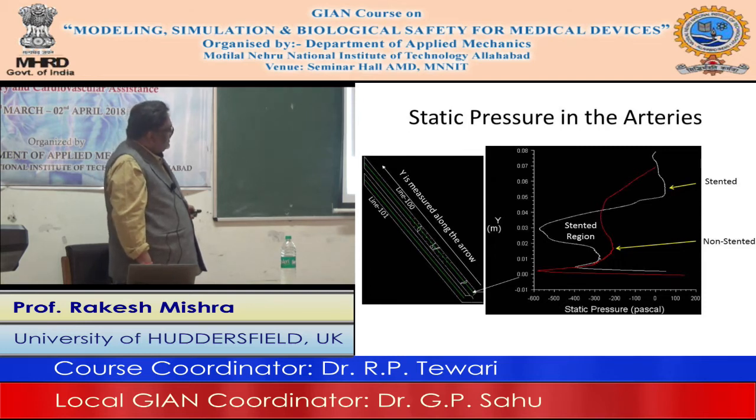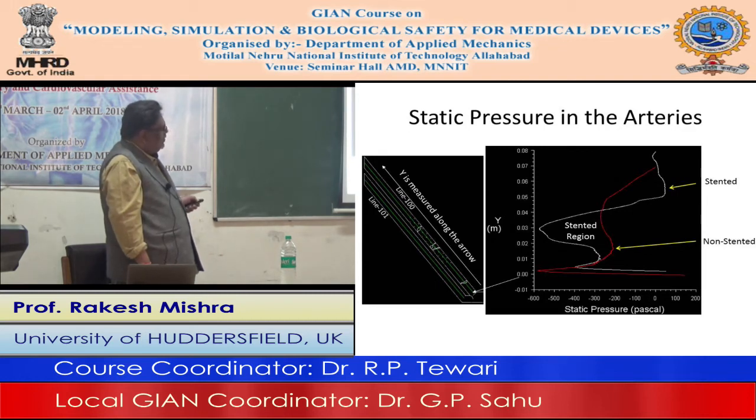So you can see in the stented artery, pressure is varying quite drastically, especially in the stented region, where pressure has gone very negative. Whereas in the unstented part, pressure is reasonably constant. You can see here, pressure is changing a bit, but is reasonably constant.